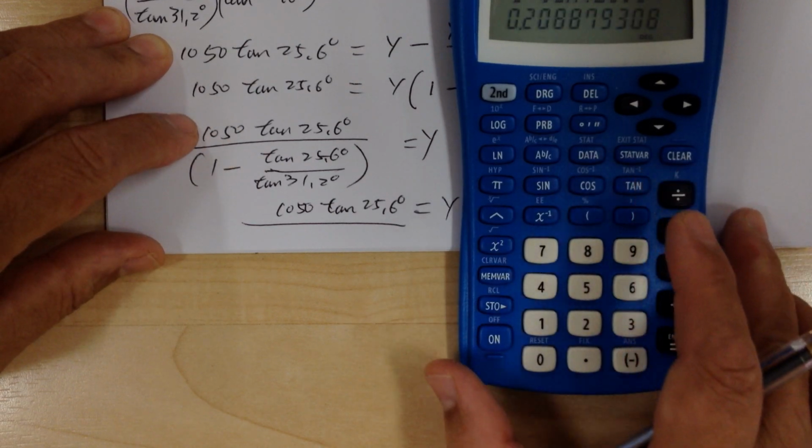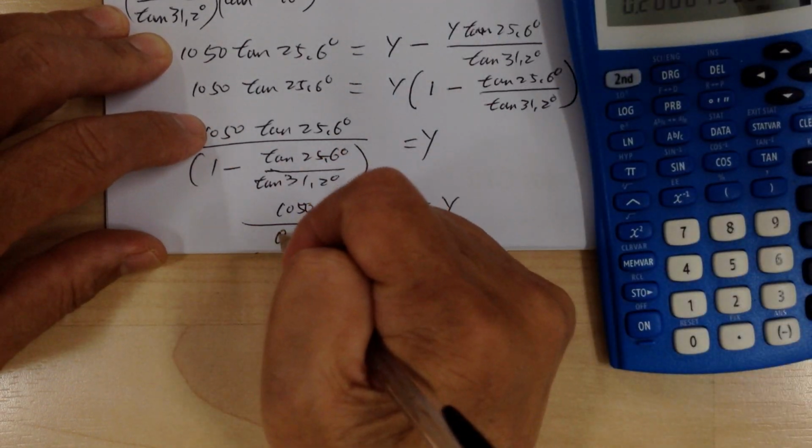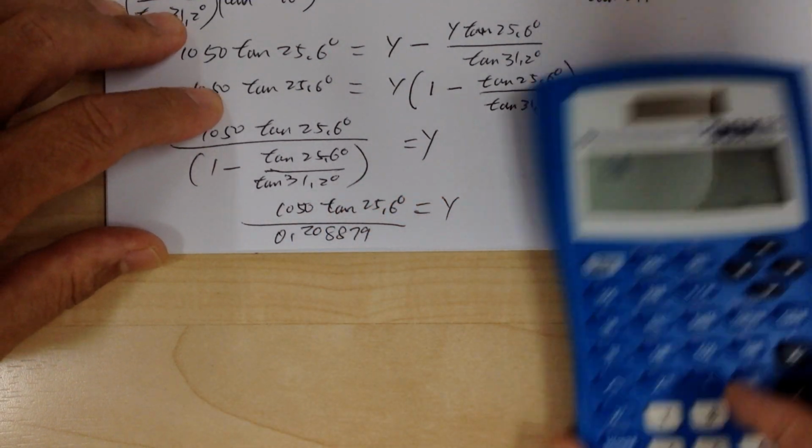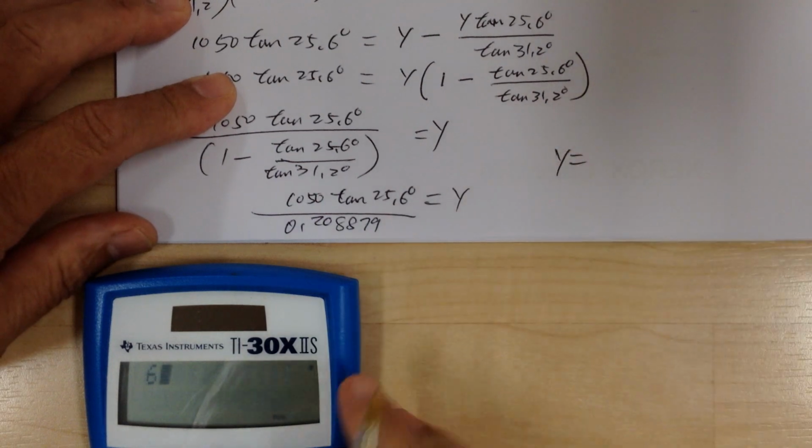Okay, so I get 0.208879 something. Now I can figure out my y.